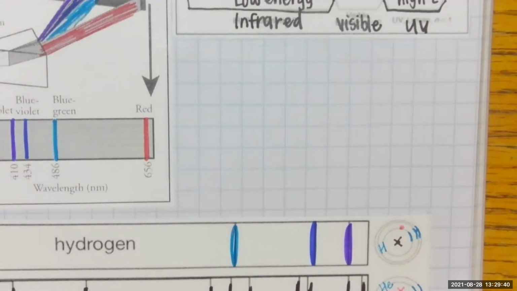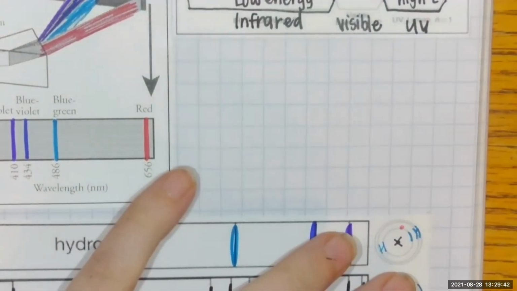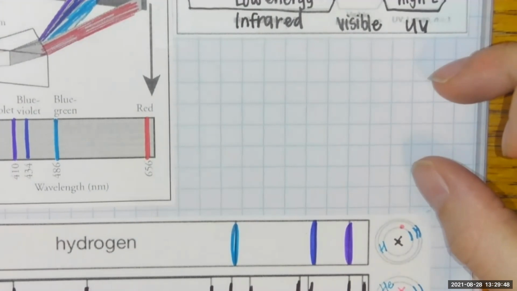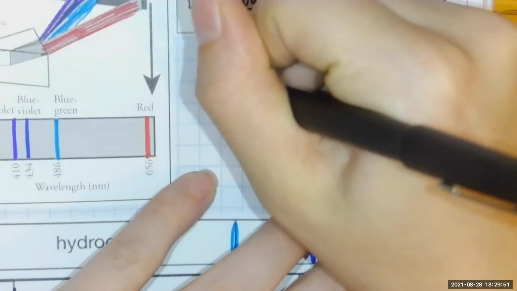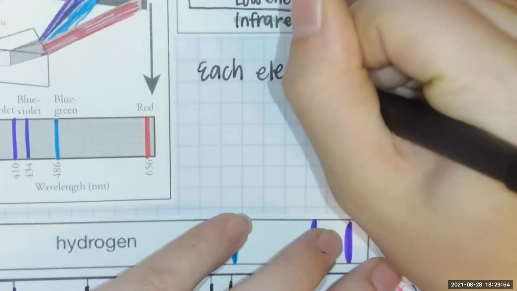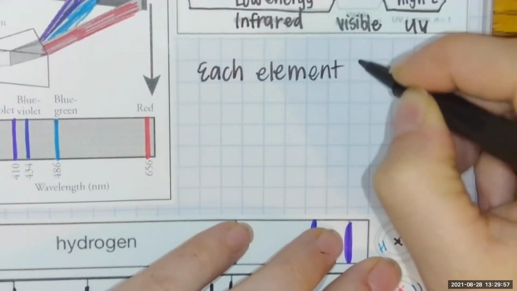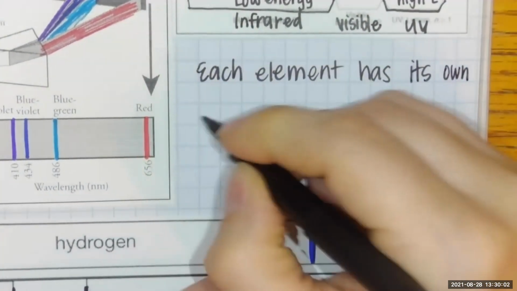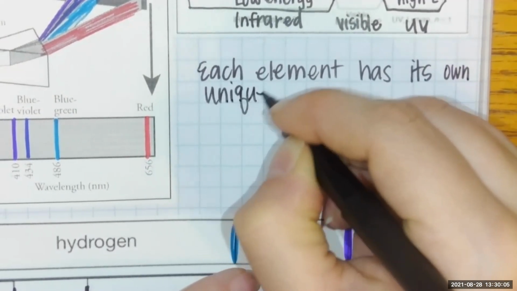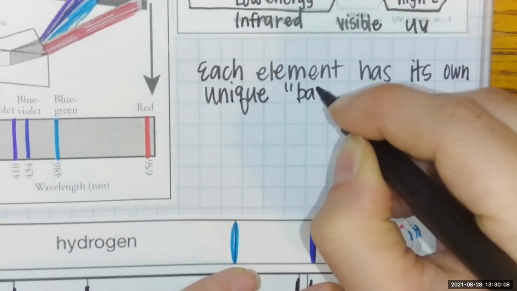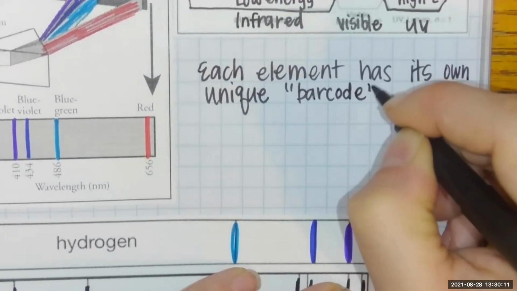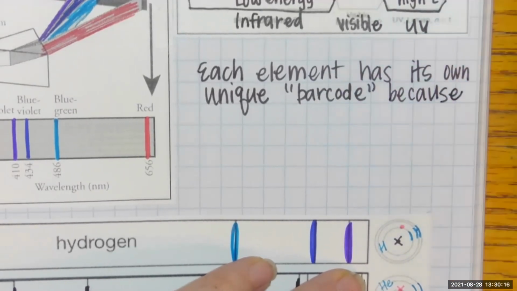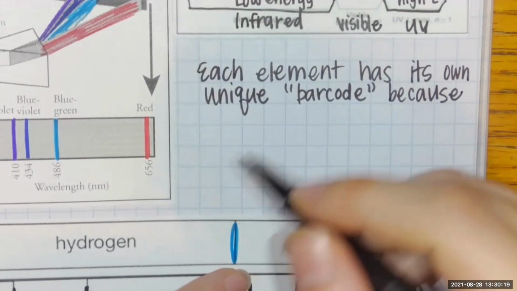So up here in the blank space that we left, I'm going to say, oh, this is kind of complicated to fit into such a tiny space, but that's okay. We're going to say each element has its own unique barcode, aka bright line emission spectra, because of two reasons.